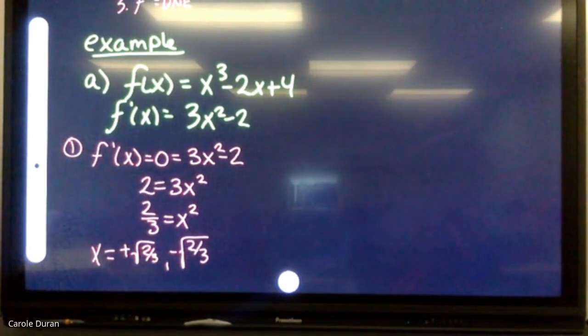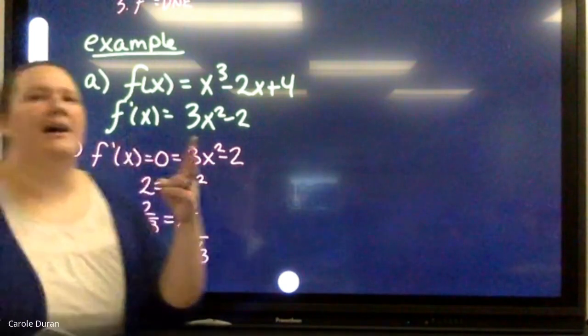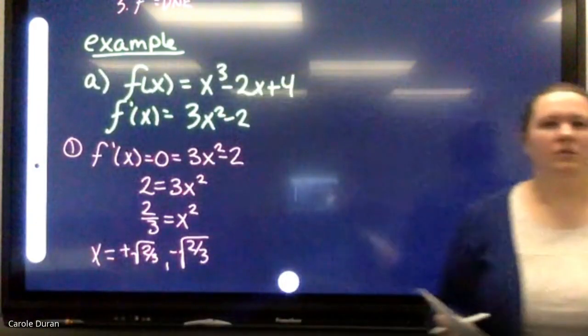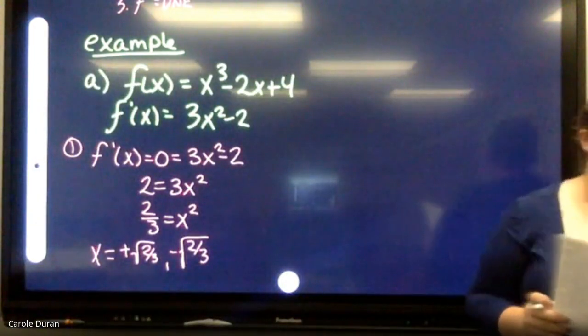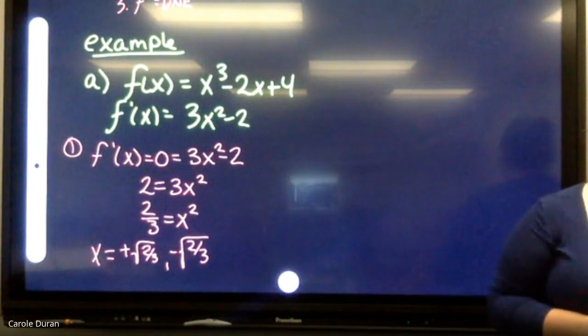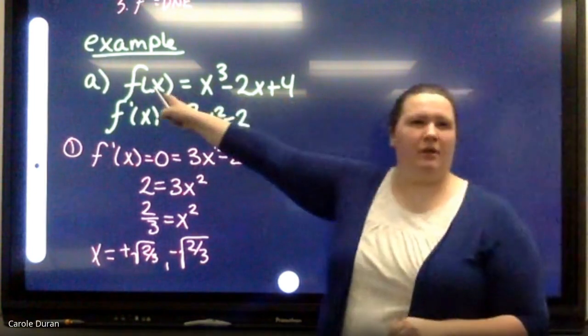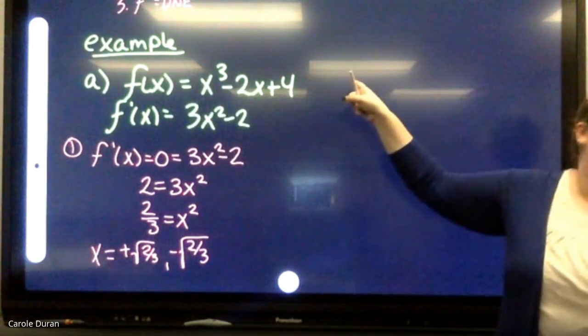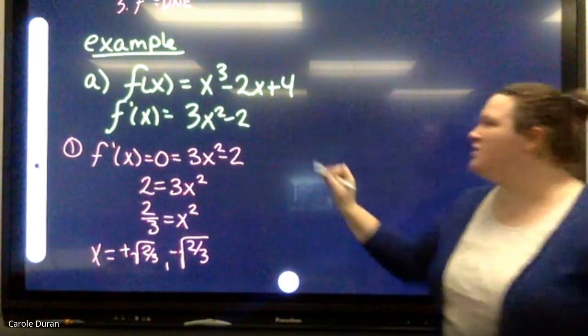Once I have identified those, I go ahead and I move on to the second possible candidate. So what are the next points I have to check for? What's number 2? Endpoints. Was I given an interval here? No. So endpoints we don't need to check.